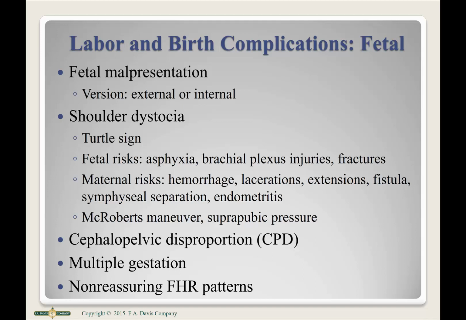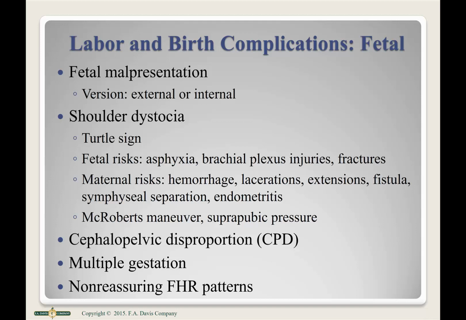Multiple gestation is another complication. It's a high-risk labor and delivery situation. So if she has more than one baby in that uterus, we can labor that woman in a regular labor room. But when she gets ready to birth or push, that patient has to be transferred into the OR. The reason why we do that is because sometimes there's a high need for that second baby to be delivered via cesarean section, and we're already in that room.